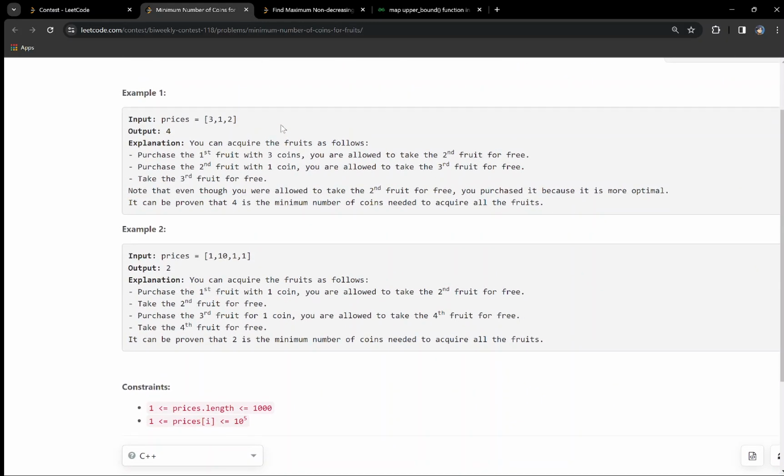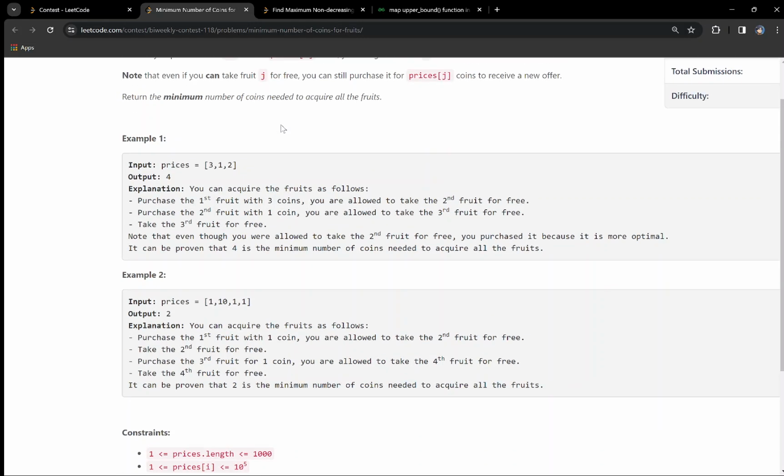Okay, so length is n, n is up to 1000, which gives the idea of dp. So at every point we have two options, either to take it or not take it.